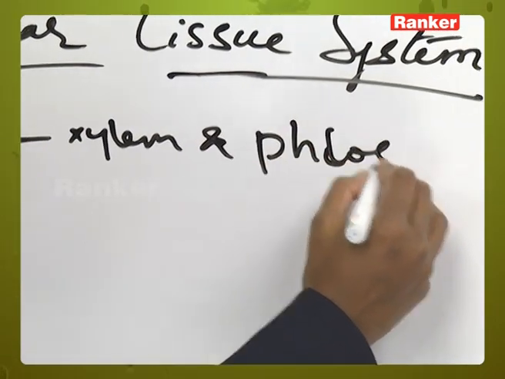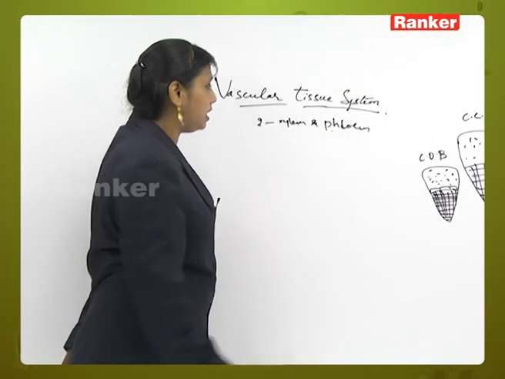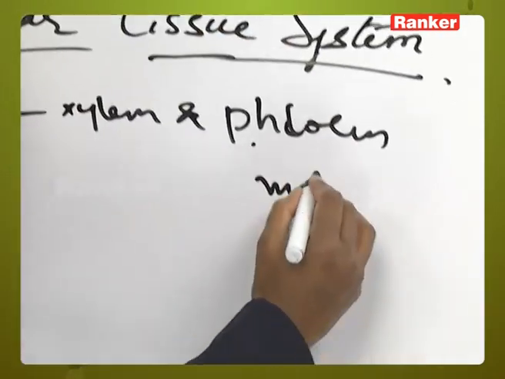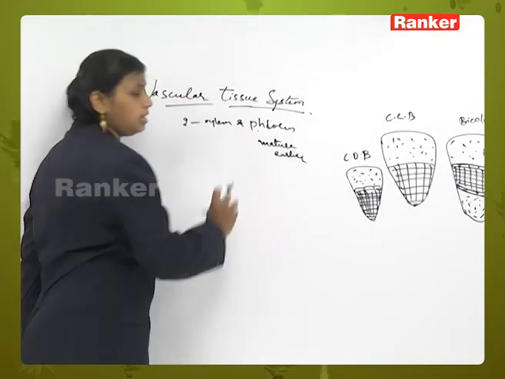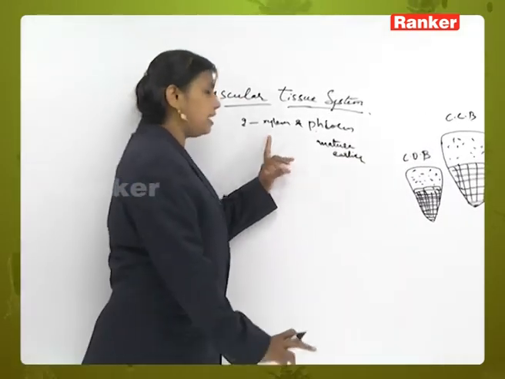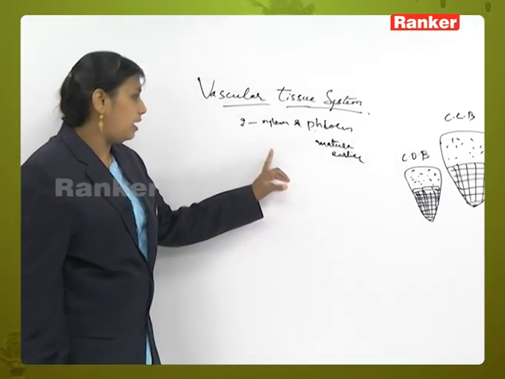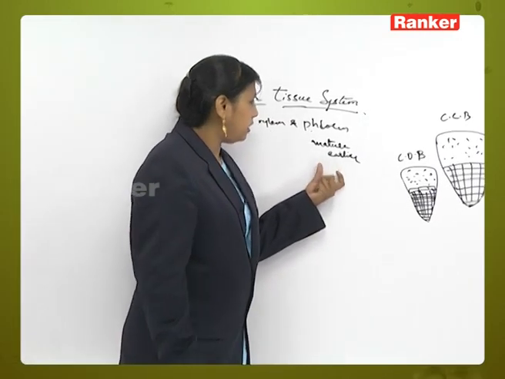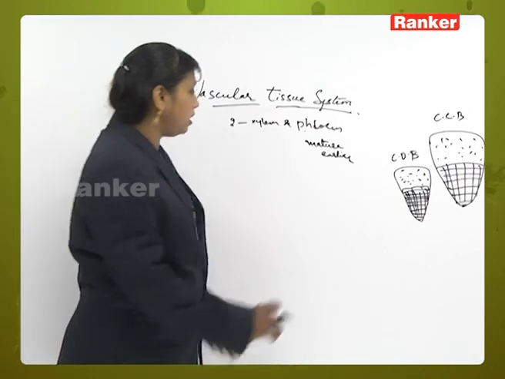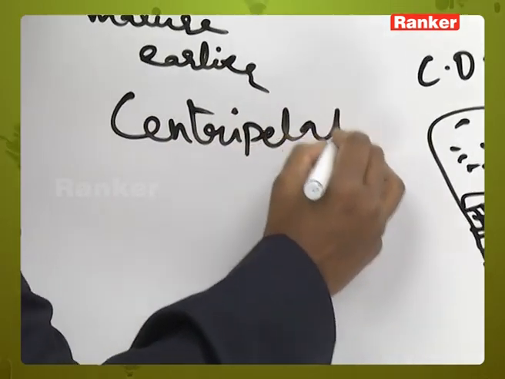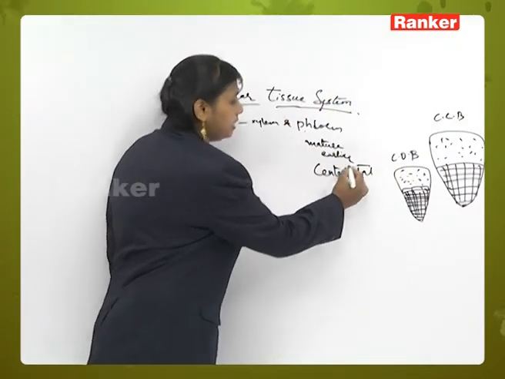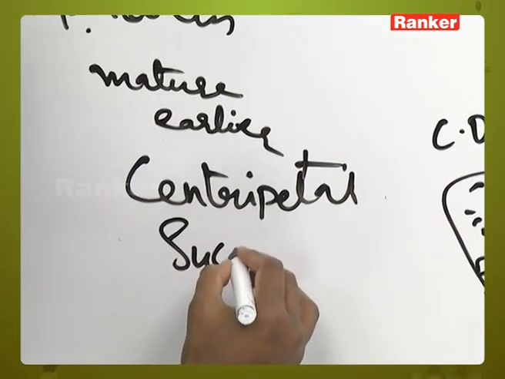Now this phloem matures much earlier than the xylem, whereas the xylem takes much more time, and the maturation takes place in a centripetal manner, which we can also call centripetal succession.